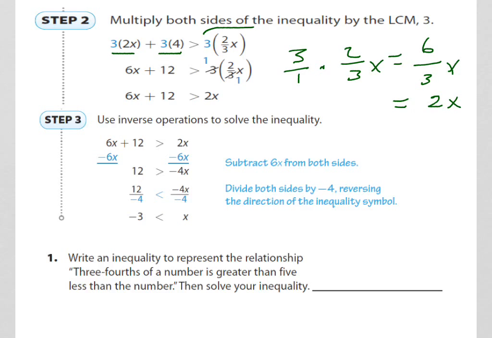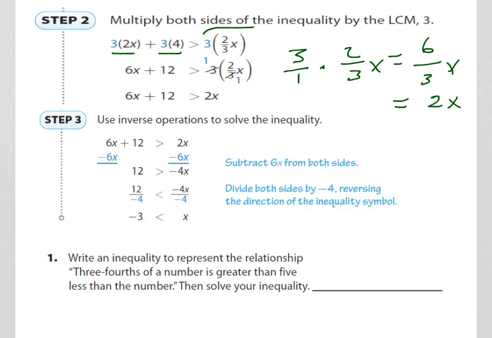Well, what do we want to do? Since the 12 is on this side already, we're going to subtract the 6x. Now we could have gone away and subtracted 12 and made that 0, and then subtracted 2x, made that 0, and then brought the 12 over.